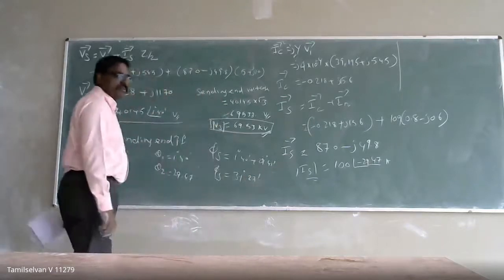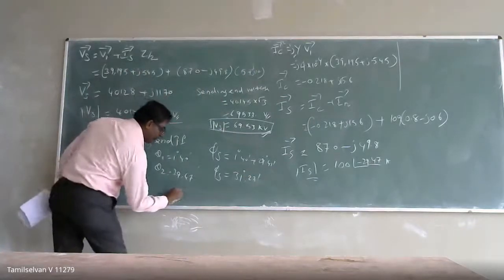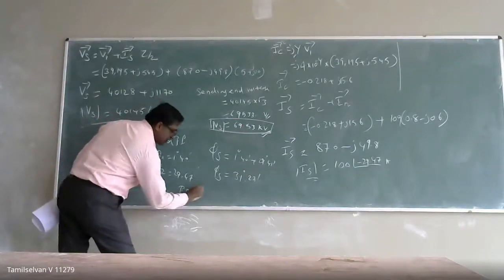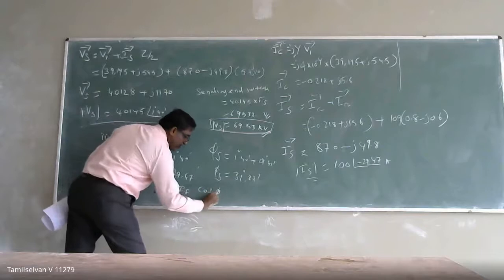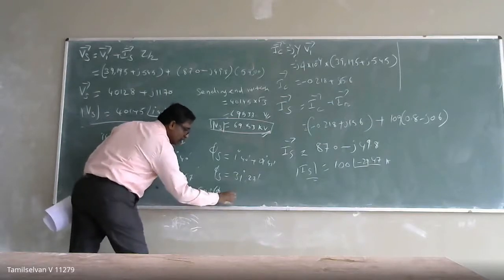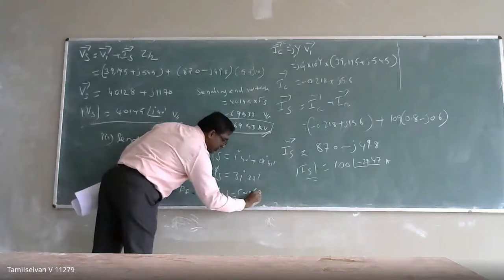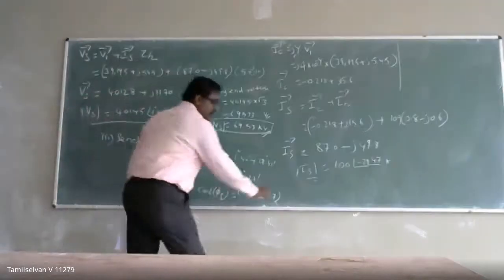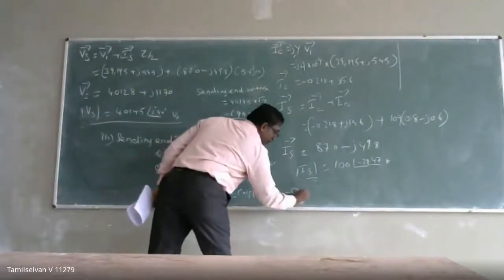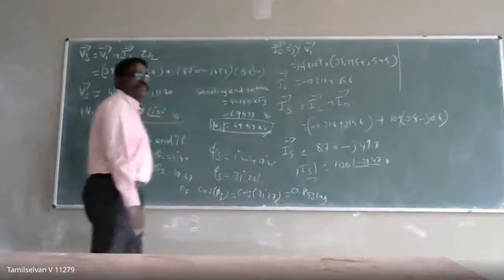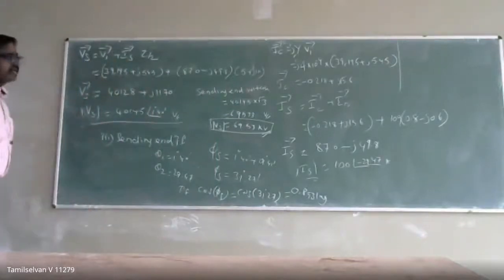So your sending end power factor is cos phi s, which is equal to cos of 31 degree 27 minutes. How much are you getting? You will get 0.853 lag.